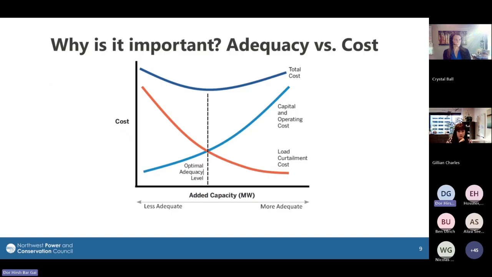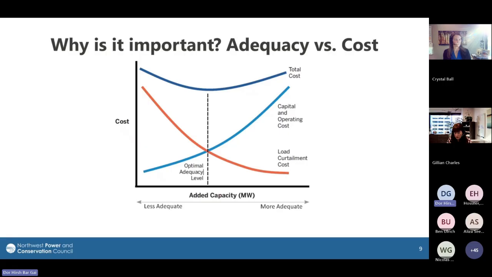Putting the high level behind us, we'll get back to some of these levels. At its core, adequacy is important. We saw this in the first few slides. The risk from adequacy informs our resource decisions and it informs our operations.